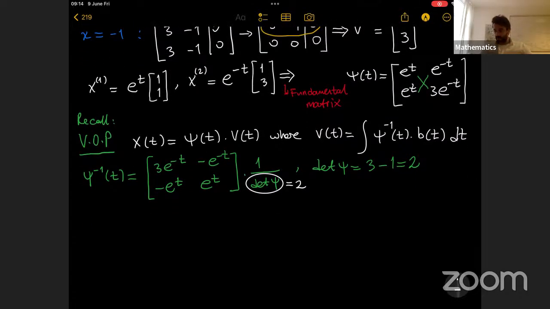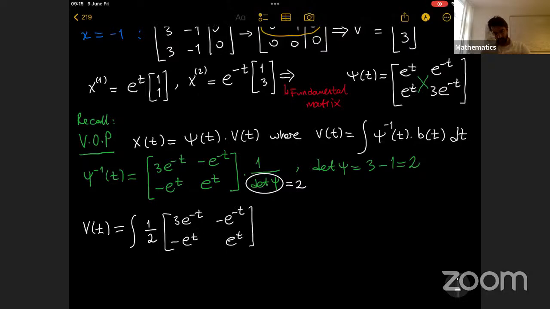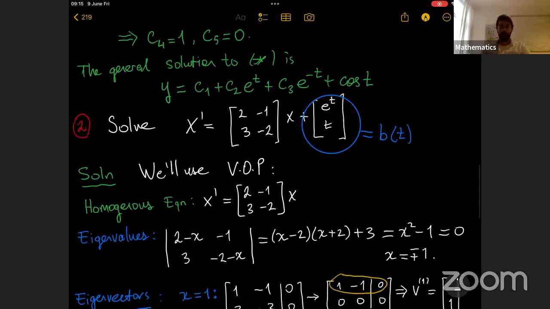All right, let's now put this into v and find the particular solution. v of t is the integral of 1 over 2, times the matrix 3 e to the minus t, minus e to the minus t, minus e to the t, e to the t, times b of t. b of t was, remember, this matrix, e to the t and t.